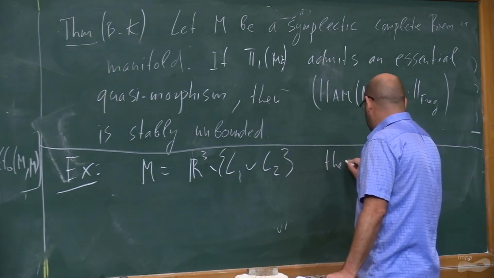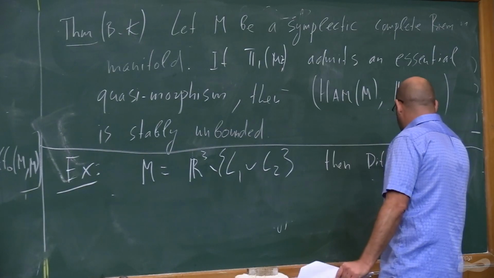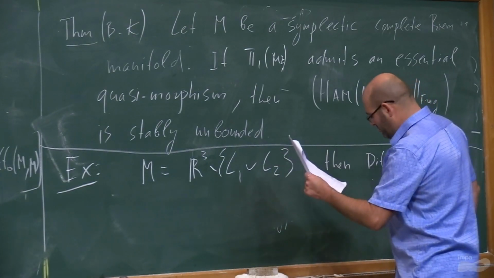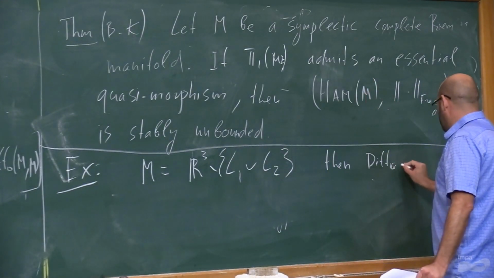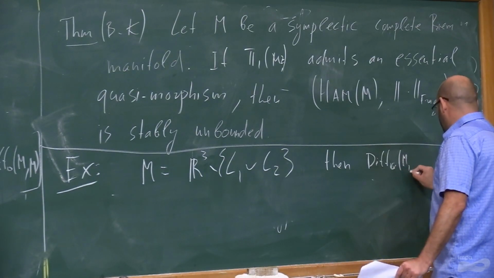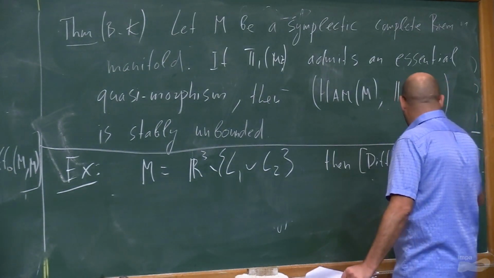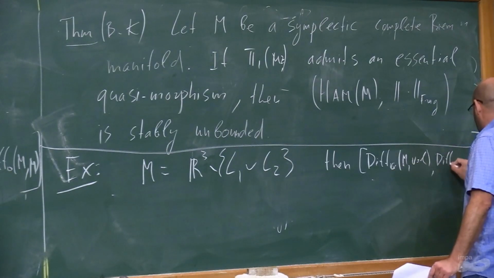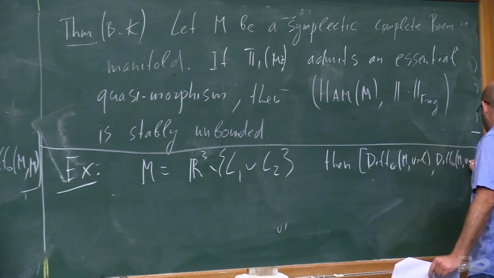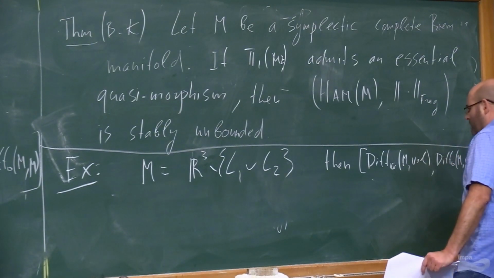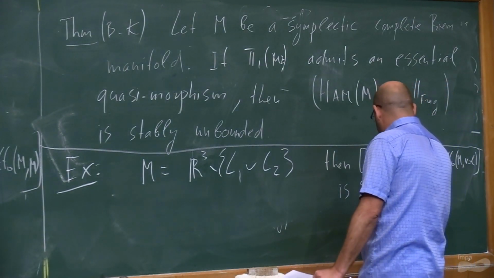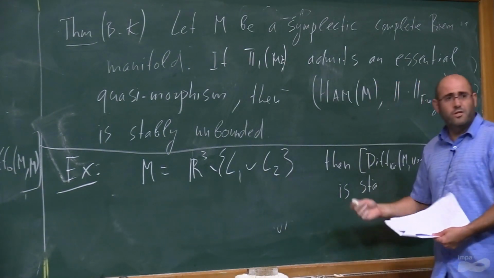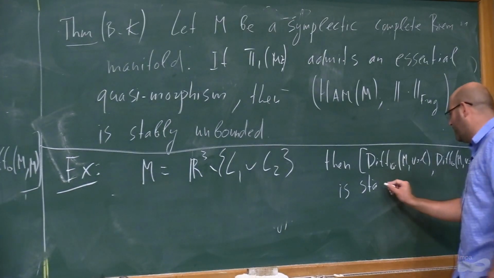Then Diff_0 of M, volume-preserving, is stably unbounded. So in particular, the fragmentation norm is stably unbounded, and in particular, the group is stably unbounded.